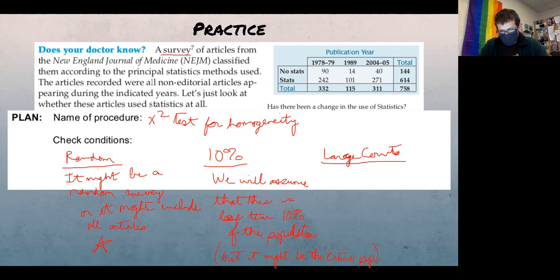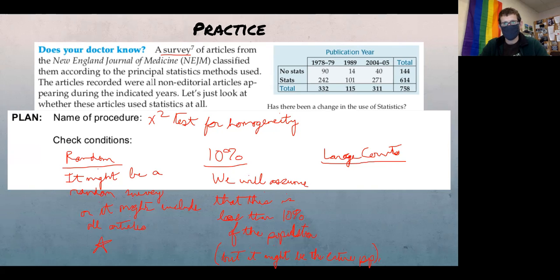Now, again, a lot of times on the AP test, they'll even say, assume the conditions for inference have been met. And you don't even need to check the conditions. But that is a good question, because in reality, we would look at this and we'd say, oh, we haven't even met the conditions, so I'm not going to do that test.